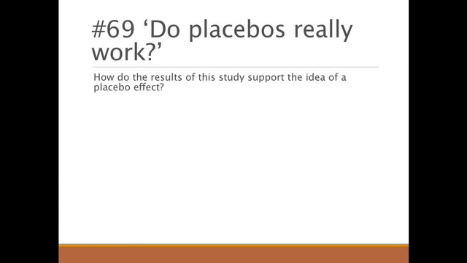So last, question number 69, do placebos really work? This was done in Japan. The idea was we were looking at a group of subjects that had known allergy to poison ivy. And the following was done to these subjects to get an idea of the placebo effect, the reaction that people might have to a placebo, a fake treatment or a sham treatment.